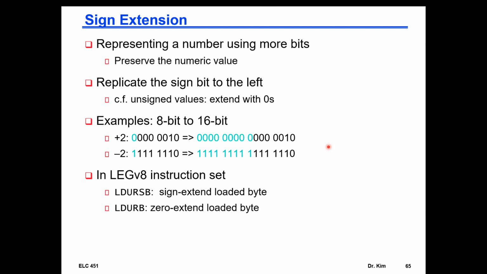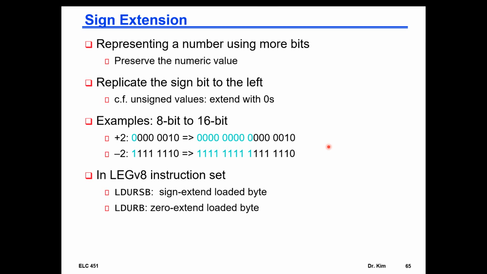The other nice thing about 2's complement is that you can convert a number that takes fewer bits to a number that is represented with more bits by just extending the sign if you're talking about signed integers.